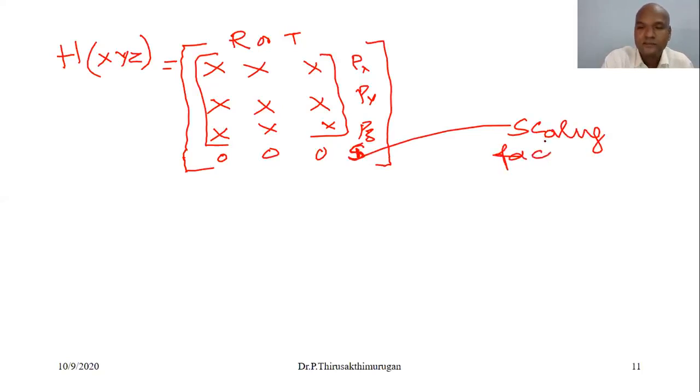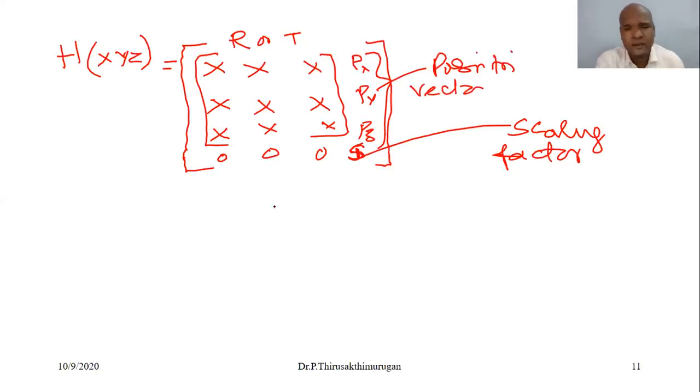Scaling factor, whereas P is a position vector. The relation between S and Px, Py, Pz: suppose a point is represented by 10, 15, 30.